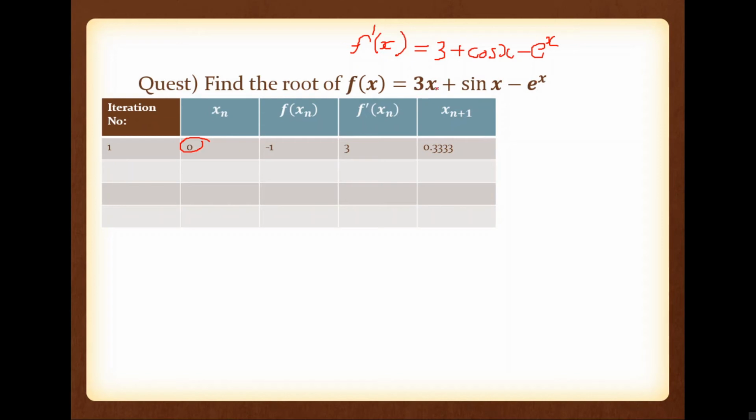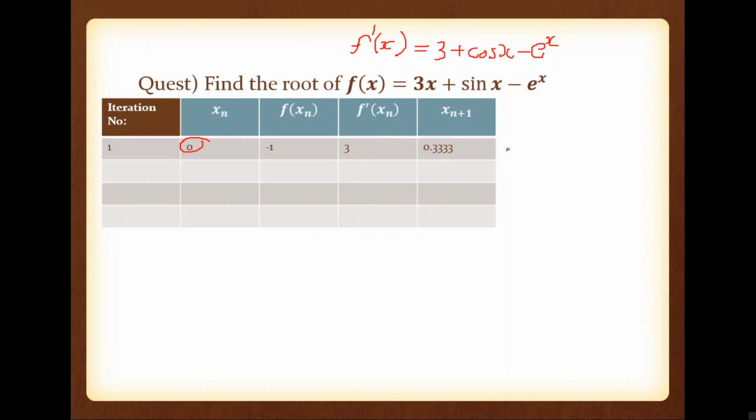So 3 into 0 plus 0 minus 1, so the value is minus 1, right? Now, what about f dash of x? This is 3. What about the cos x value? cos 0 is 1. Then e raised to x is 1. So 3 plus 1 minus 1, so we have 3. So f of x is minus 1, f dash of x is 3.